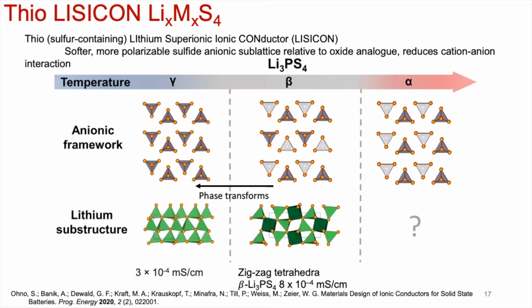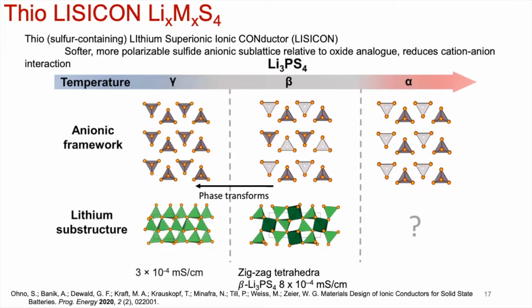But what we've learned is that if you can control how the lithium substructure looks, you can see all these tetrahedra point in the same direction. When you phase transform to this beta phase, you see now they zigzag, right? The same thing happens with the anionic framework. Here, all the tetrahedra are pointing this way.